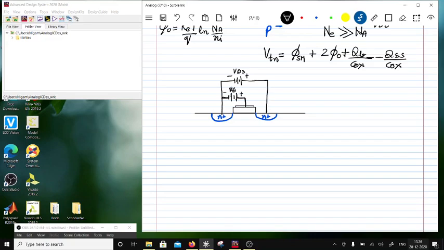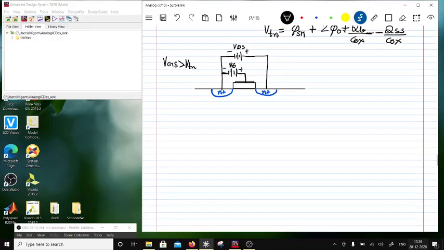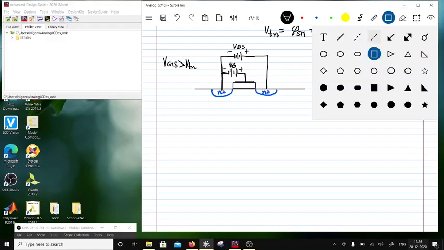Okay, so in this scenario, the channel would have appeared for VGS greater than VTN. So the channel would form, and then when you apply VDS, there is going to be a flow. Now let me give some dimensions to this.